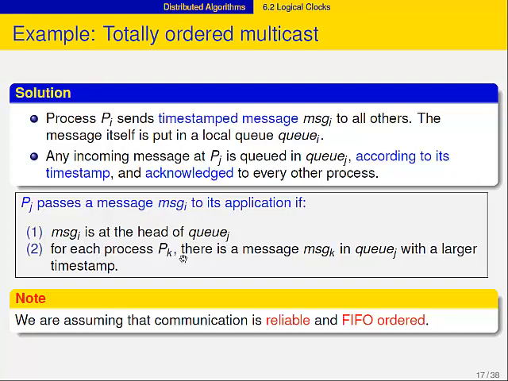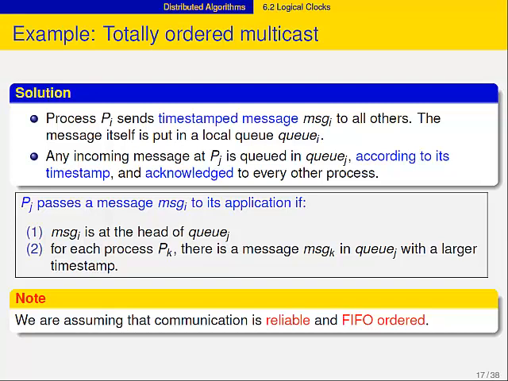Why this condition? What does this condition say? The second condition: I will pass a message at the head of my queue to the database as soon as I find a message from every other process in the system in my queue.